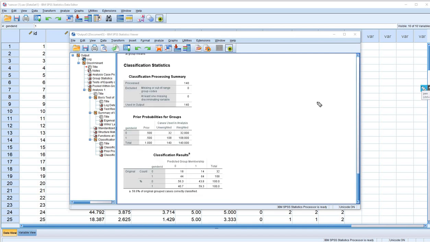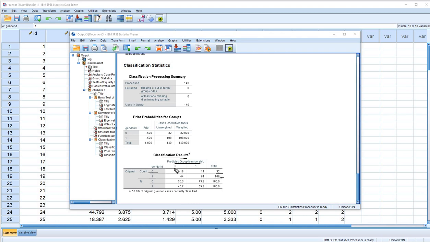Scrolling down a little bit further, you can see that we have our classification table. And essentially you can see that in each row, we have the number of individuals who were actually identified as male is 32, and 108 individuals were actually identified as female. Then you can see the columns are reflecting the predicted group memberships.